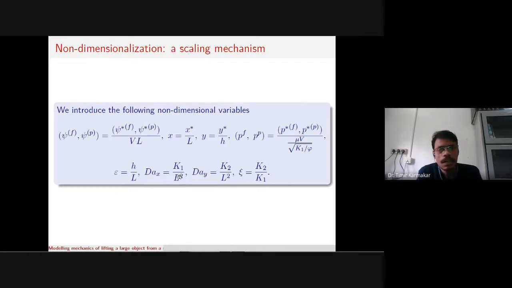Dx is the non-dimensional permeability along the x direction, Dy is the permeability along the y direction, and xi, K2 by K1, is the anisotropic ratio, where K2 is the permeability in the vertical direction and K1 is the permeability in the horizontal direction. We will see that this xi, the anisotropic ratio, will very much affect the breakout phenomenon.